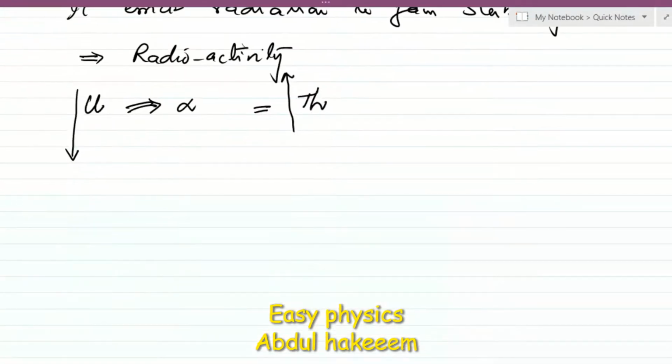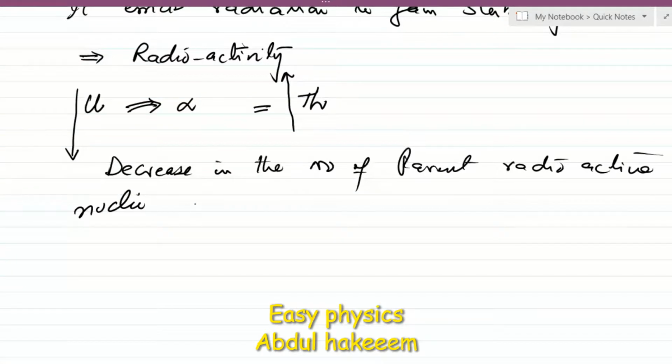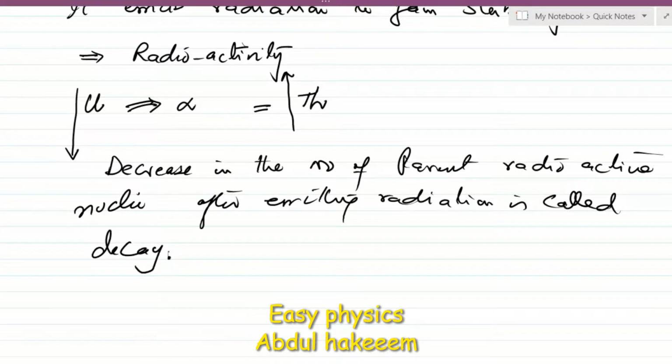So this decrease in the number of parent radioactive nuclei after emitting radiation is called decay. So the uranium is decreasing in number because it is emitting alpha, so it is converted into thorium.